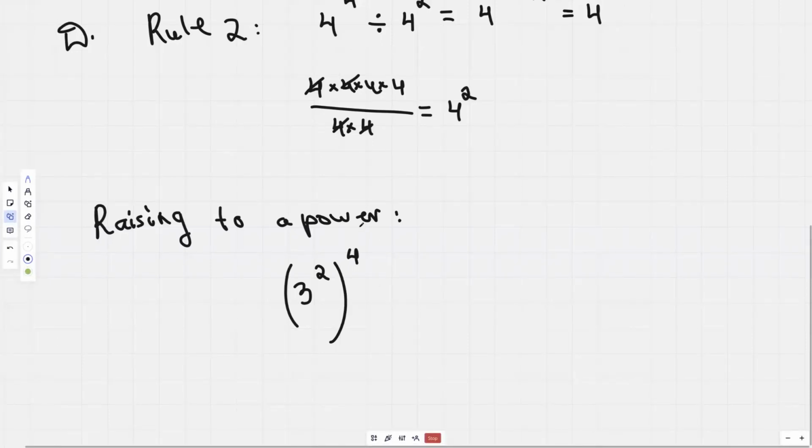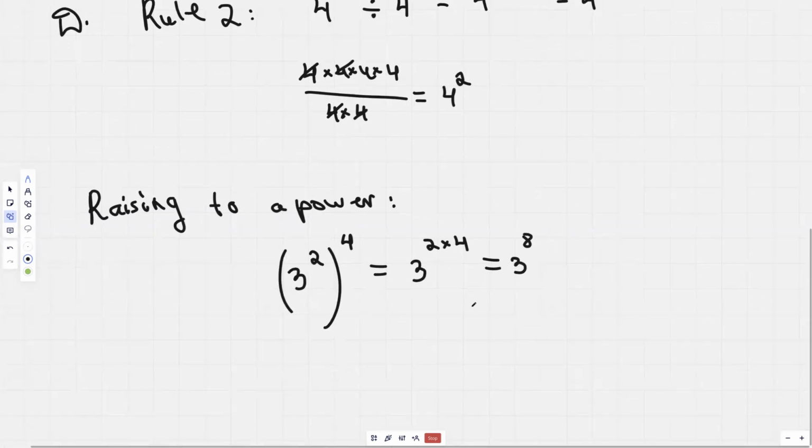In that case, if we have a bracket and inside the bracket is a power of something and outside the bracket is also a power, we have to multiply the powers together, keeping the 3 itself. 2 multiplied by 4 is equal to 8, so this is 3 to the power of 8.